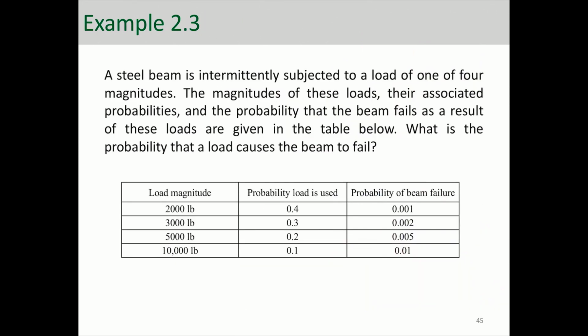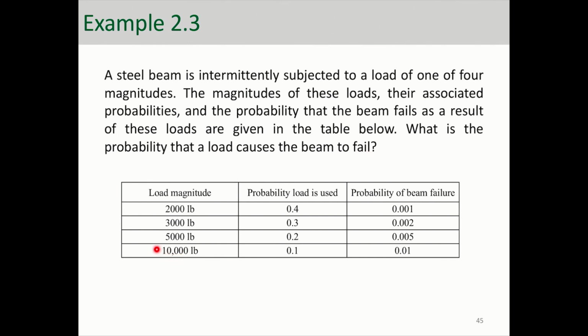In this example, it says a steel beam is intermittently subjected to a load of one of 4 magnitudes. The magnitudes of these loads, their associated probabilities, and the probability that the beam fails as a result of these loads are given in the table below. What is the probability that a load causes the beam to fail?